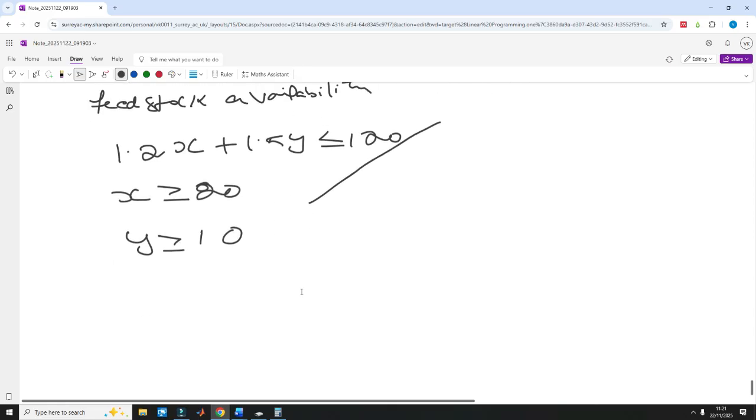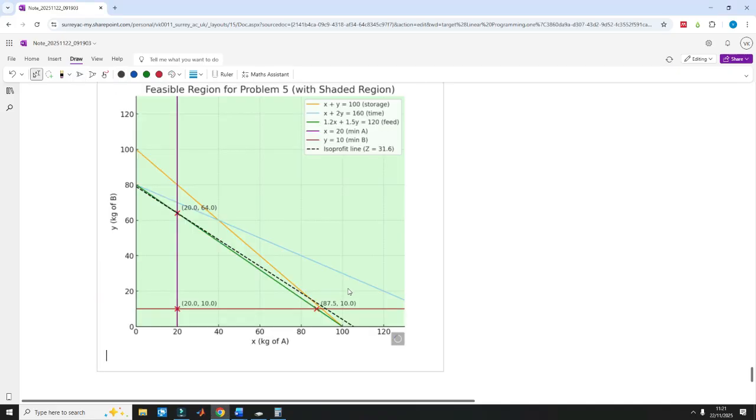So if you solve this problem correctly, you should get a solution that looks like this. And then your feasible region will be this one, and these are the corner points.